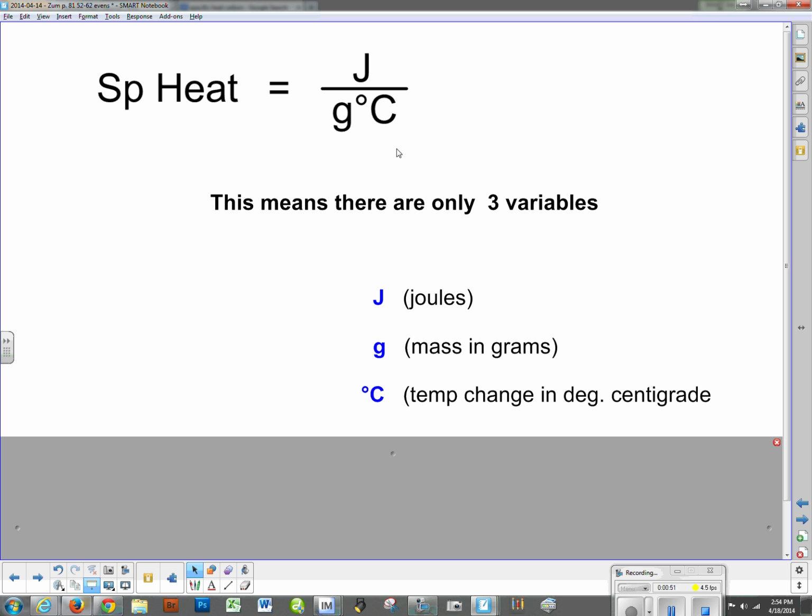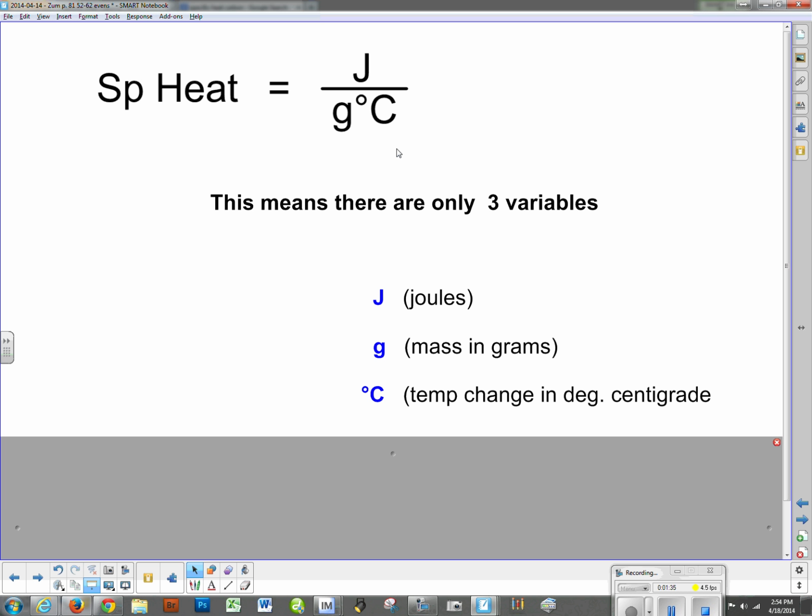The way this unit of measure came into being was they took a pint of water, or a gallon, or whatever, but a pint is a pound the world round when you're talking about water, and they took 1 gram of the stuff. 1 gram went up 1 degree centigrade when there was 4.184 joules of energy given to it.